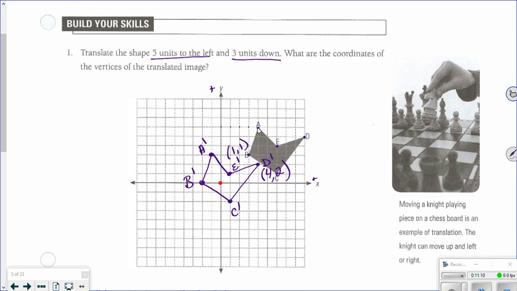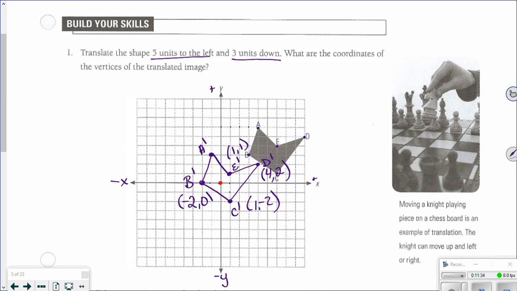To get to C, I go right 1, down 2. So down 2 is going to be negative 2 for my Y. To get to B, I go left 2 in my X, so negative 2 in my X, because this is my negative X direction. This down here is my negative Y direction. So I'm going negative, or left, 2, but I don't go up or down.